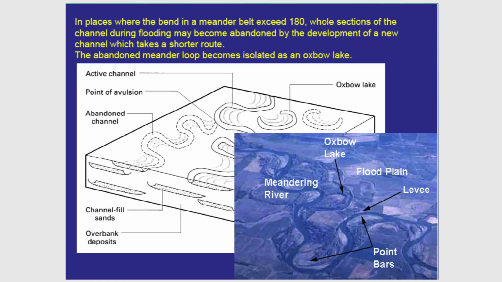Okay, if we move on and look at this example, we are starting to appreciate the complexity of the meandering. In places where the bend in a meander exceeds an angle of 180 degrees, entire sections of the channel can become abandoned during a flooding event because we have instabilities that will occur.